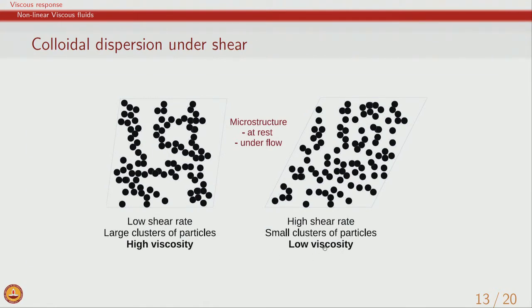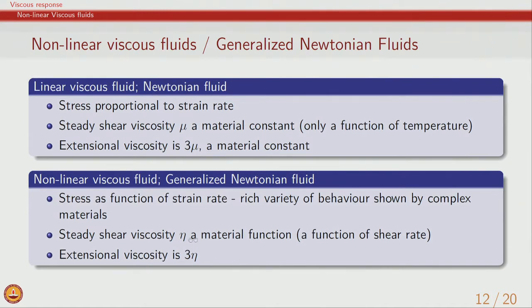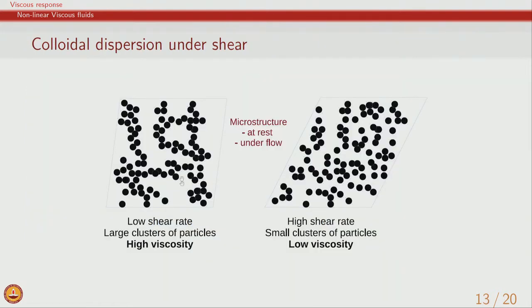So, this is what we mean when we say here that steady shear viscosity is a material function and it is a function of strain rate of the material. So, in this particular case we are saying that the viscosity would be lower when you increase the strain rate.